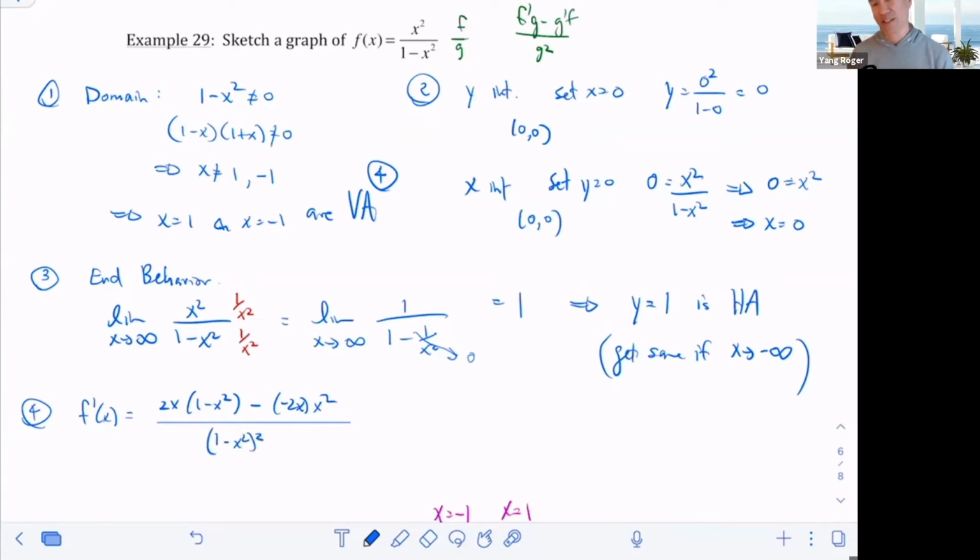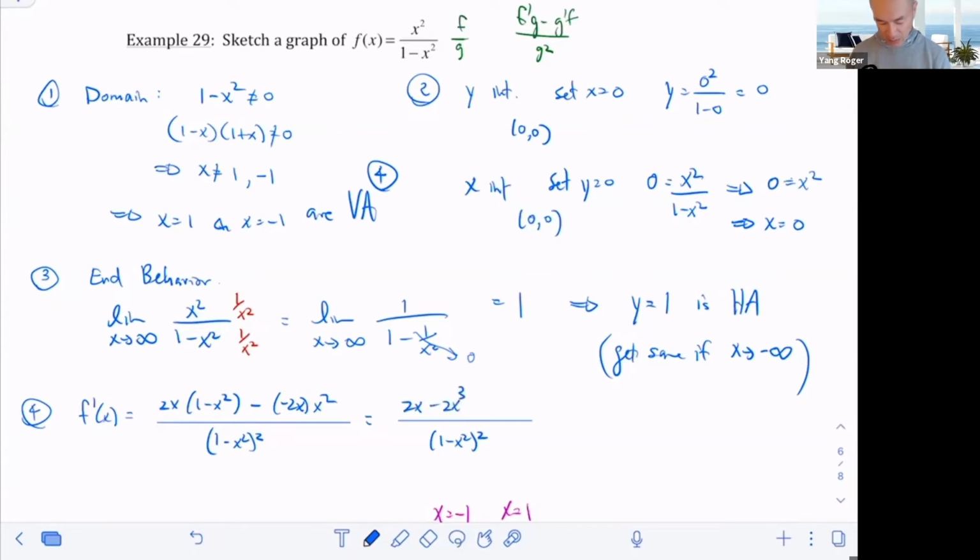This time we do need to simplify it because we have to take a second derivative later, right? So I would leave the bottom as it is, but the top, we want to expand that. So this is going to be 2x. We have to distribute. This will be minus 2x cubed.